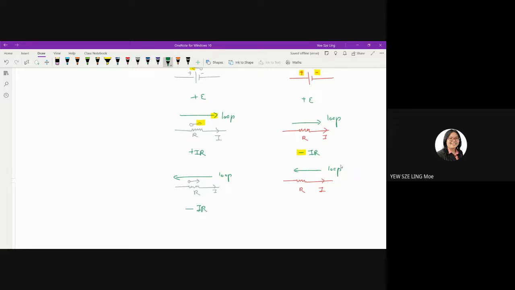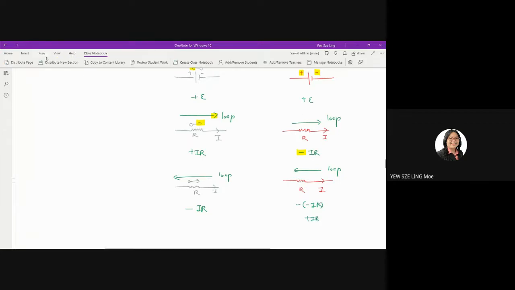But when it comes to this red color set, like I told you just now, when current flows through this resistor, it should be negative because it experiences potential drop. But now because your imaginary path and the actual path are against each other, not pointing towards the same direction, it is a negative I. So negative IR, then you obtain a positive IR when it comes to the red color set.